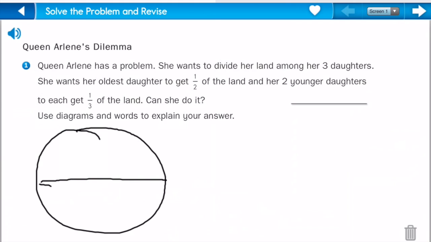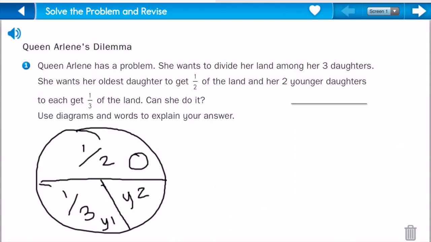This is half for the oldest daughter, so I'm going to put an O for the oldest daughter, and then I'm going to go over here and divide 1/3, and this is 1/3 to her younger daughters. So I'm going to put a Y for younger daughter number 1. And then this would be for younger daughter number 2. But that's not 1/3, is it?